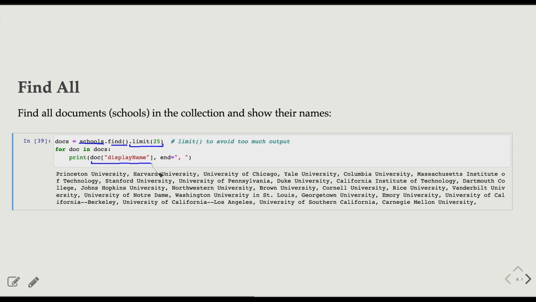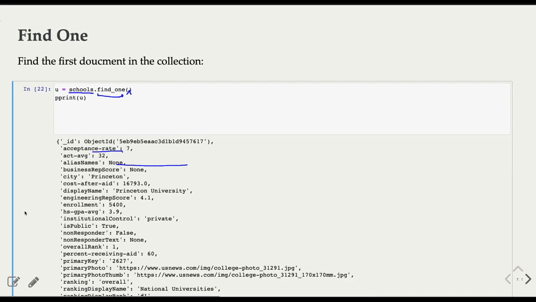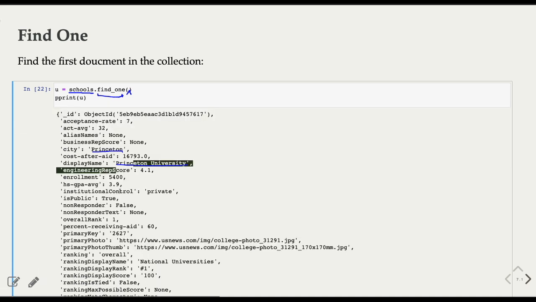show its display name. Okay, so again, I want to go back to the data that you encountered earlier, and you will see that there is actually this display name, the Princeton University. For each school in the collection, there is this display name field that you can use.